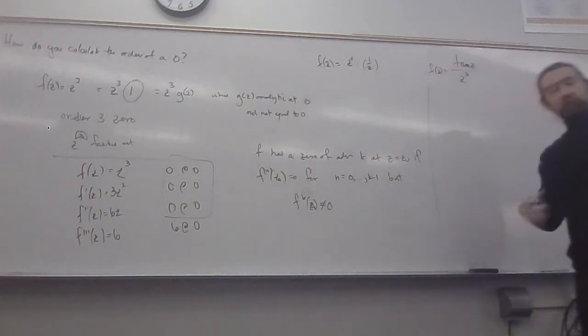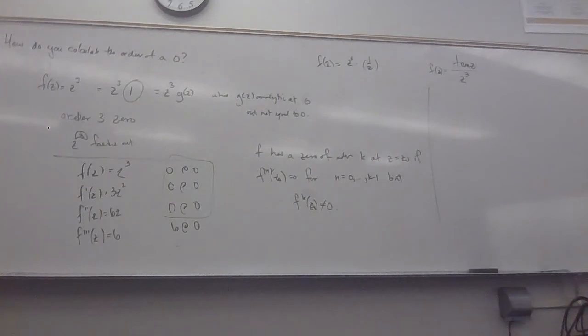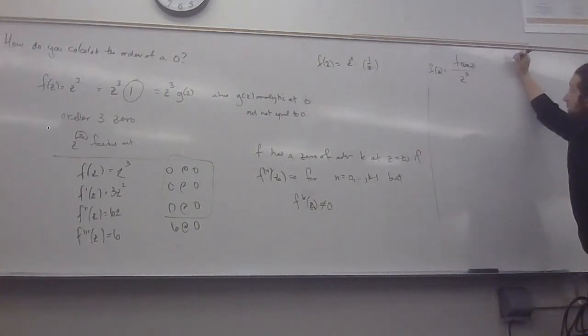Let's see if we can use this idea to pick out the total order. Either this function has a 0, or a removable singularity, or a pole at 0 here. So I'm going to assert that this function has a problem at z equal to 0. Or maybe it's fine there, I don't know. Is tangent of 0 equal to 0? Okay, so tangent of 0 is equal to 0.